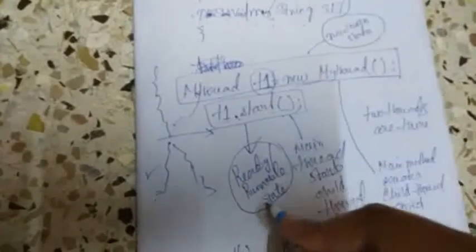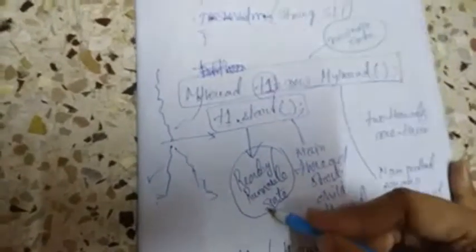So the statement creating t1 creates the newborn state of a child thread, and t1.start makes the child thread ready, the runnable state. Right after this point, there will be two threads, main thread and child thread. Before this, there will be a single thread.